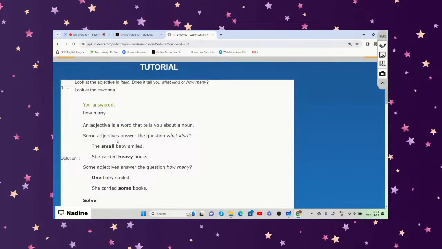We made an example of the small baby smiled. What kind of baby smiled? The small baby smiled. And then she carried heavy books. So heavy tells us what kind.